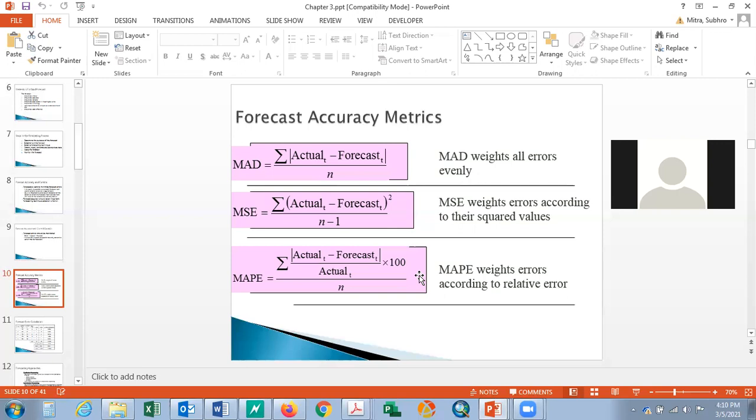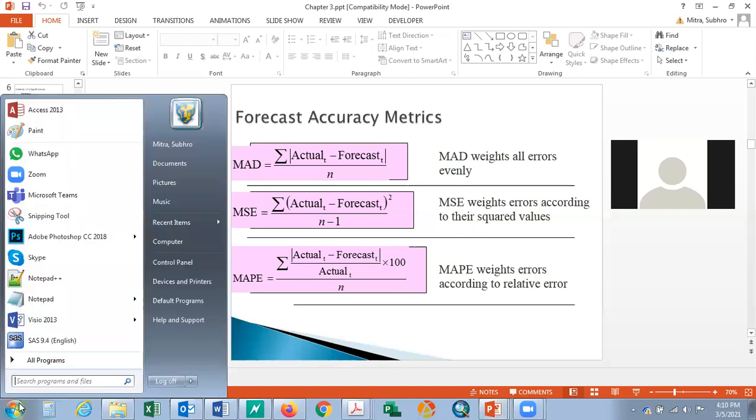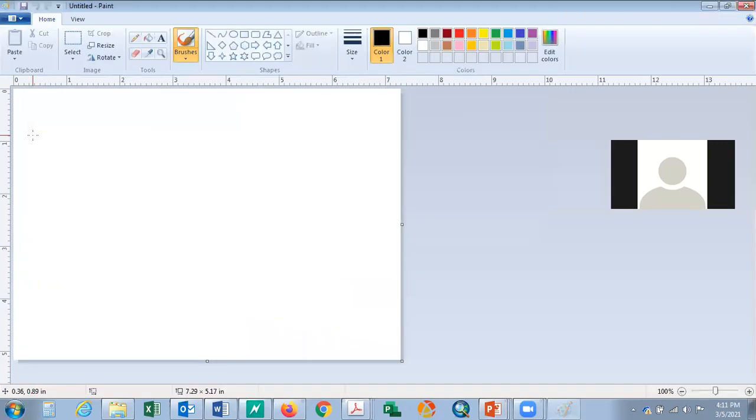So you make 5 different forecasts, and it can so happen that they cancel out each other. One is positive, other is negative, and you might get a 0 value. So does it mean you are doing a great forecast? No. They're canceling out one another. So what you should do, I don't know whether you understood that or not. Let me open a pen and write it down.